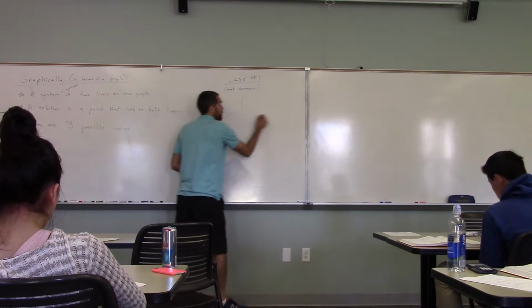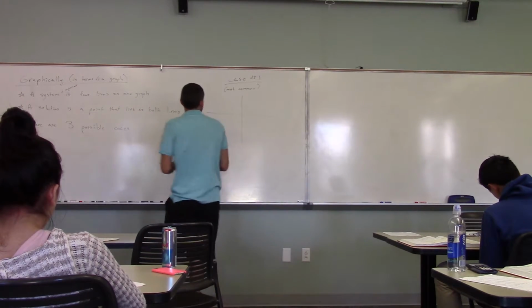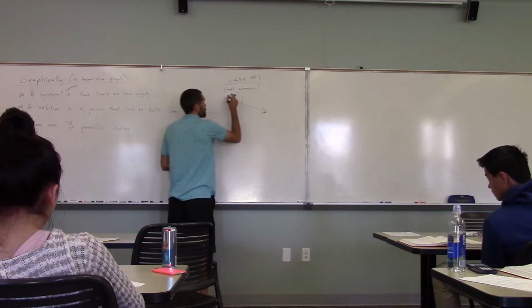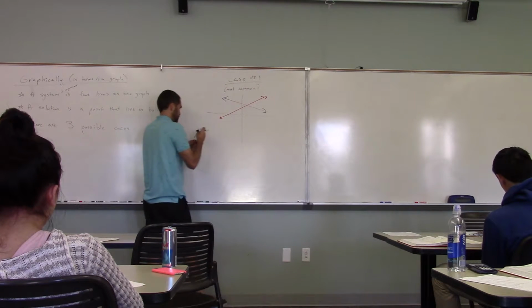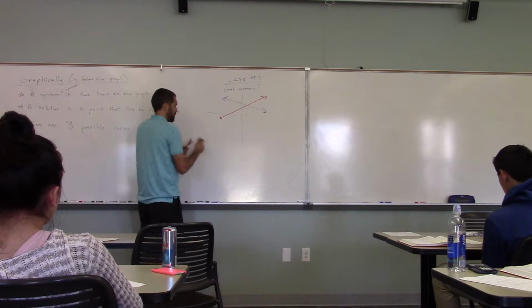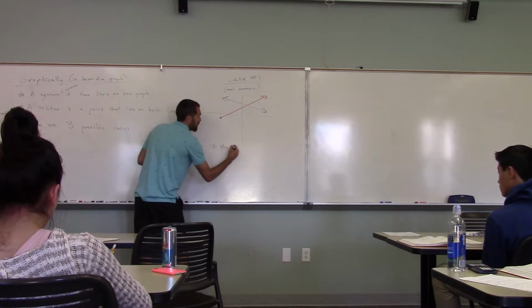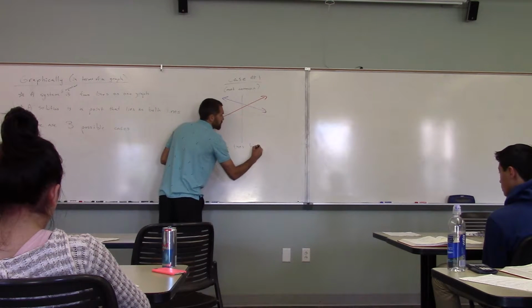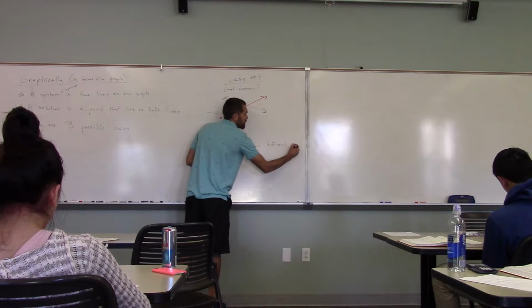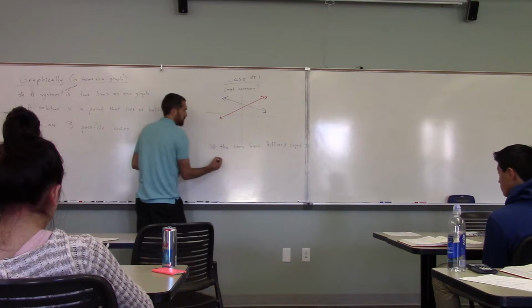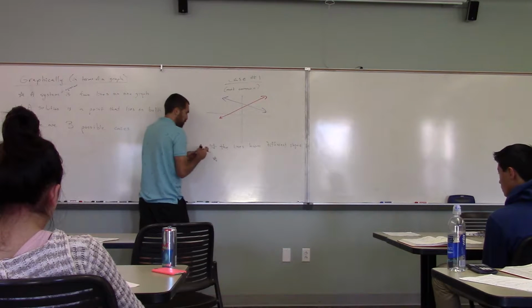And that is, on one graph, you have two different lines. The key being the lines have different slopes. So as long as the lines have different slopes, how many solutions are there? One. Yeah, there's one solution.